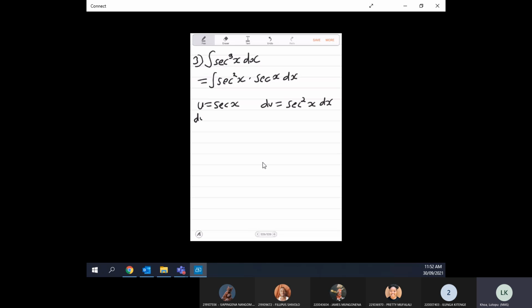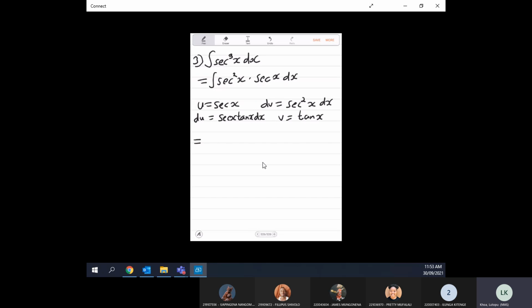Then that means that du here, the derivative of sec x, is just sec x tan x dx. And here when we integrate sec squared x, we get v equals tan x.